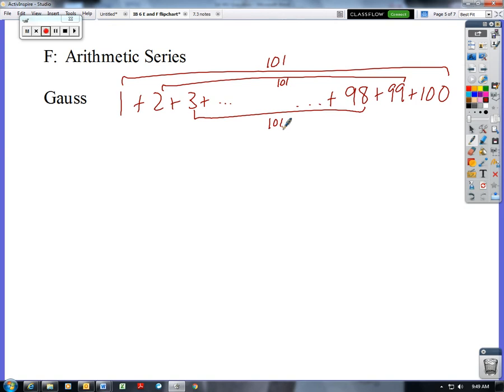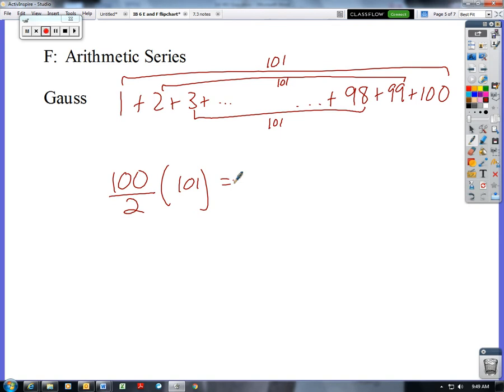And how many sets of these 101s would you have? Well, half of them, right? There's a total of 100, but you have to divide that by 2. So there's 50 sets of 101s. And so that's 50 times 101. In any case, you get the answer.